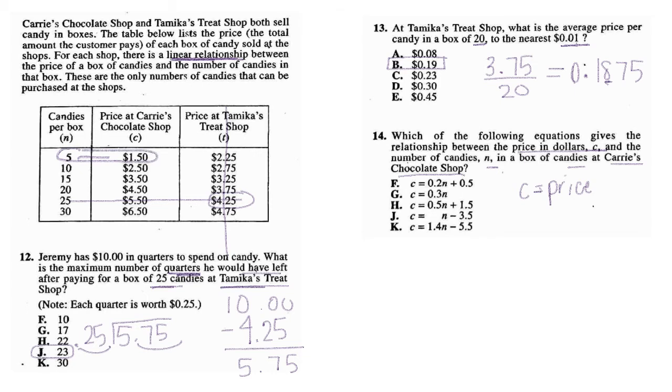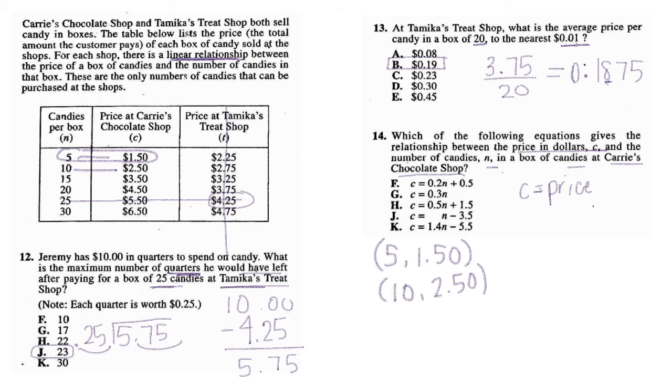And then notice we went up to 10 is $2.50. So let's see if we can figure out the rate of change here. I know 5 is $1.50, and I think of this as an ordered pair. And then I know 10 is $2.50. So what is the rate of change here?